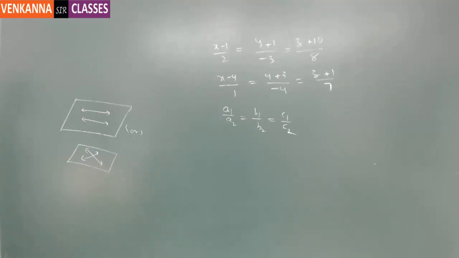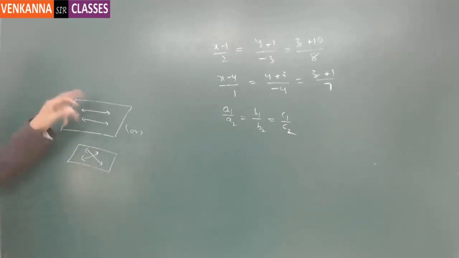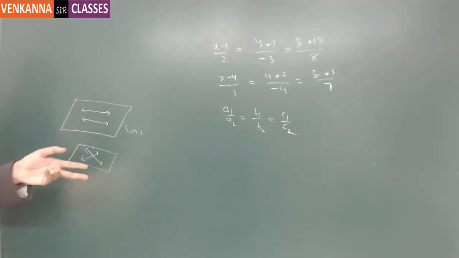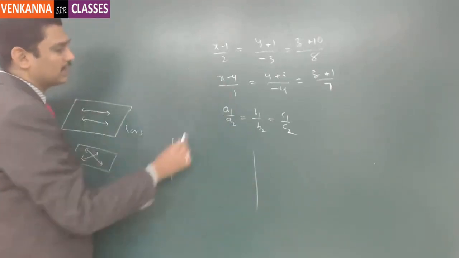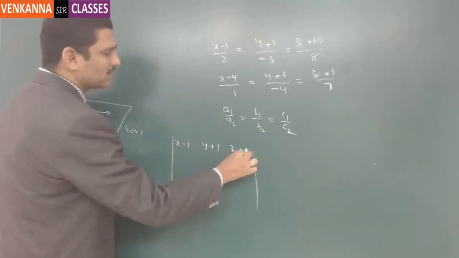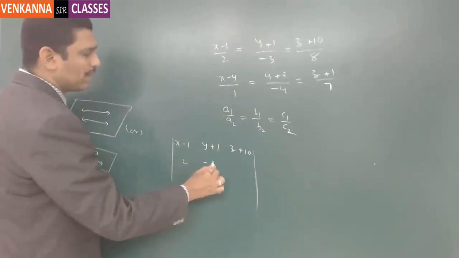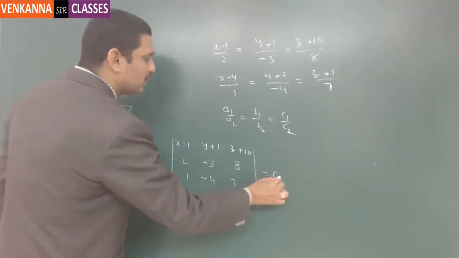Right. The other one is how we are going to calculate the plane which is containing both the lines. That is very simple. I have given the formula earlier. So the plane containing the two lines is straight away obtained from the formula: determinant of, you take the first line, x minus 1, y plus 1, z plus 10, 2 minus 3, 8, 1 minus 4, 7 equal to 0.